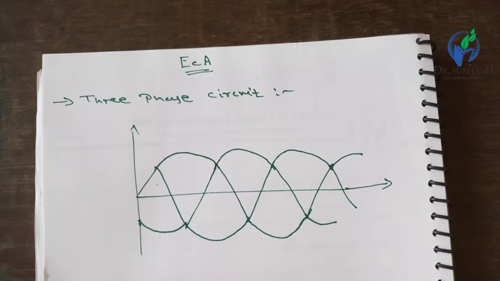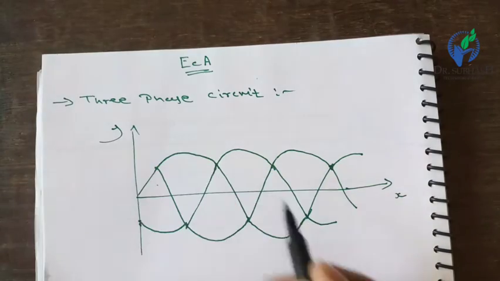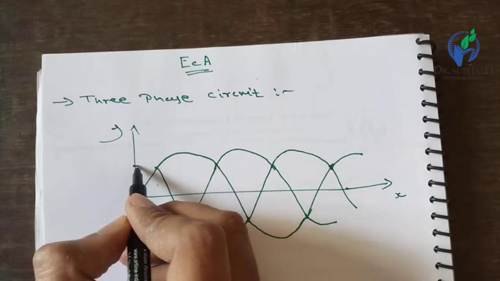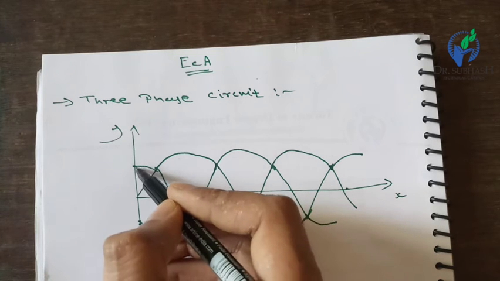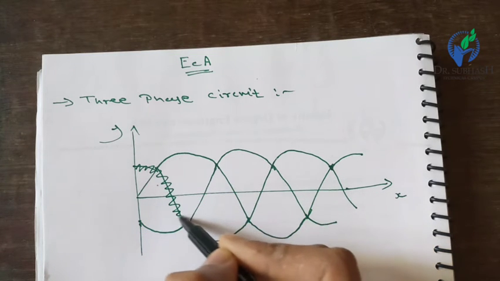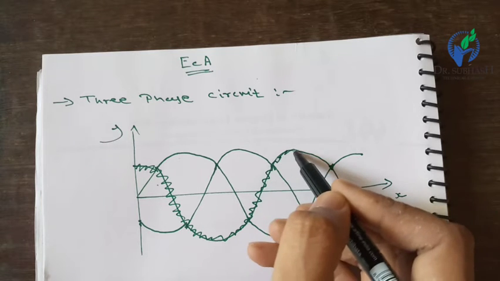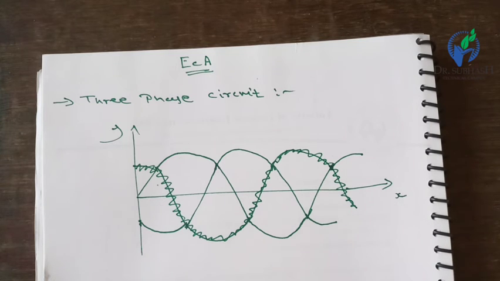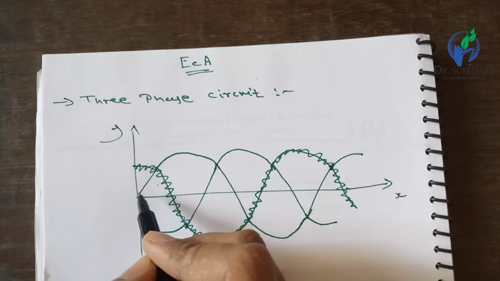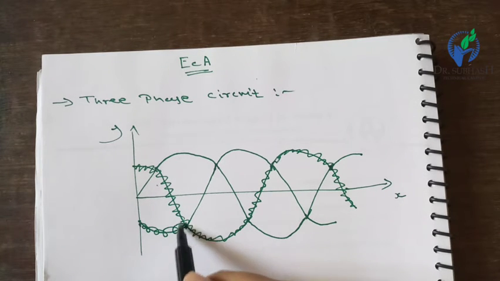This is an easy method. Here it is the x-axis and this is the y-axis. For a clear explanation of this waveform, we draw the scratch lines for the x-axis, and for simplification we draw this line as a round shape.